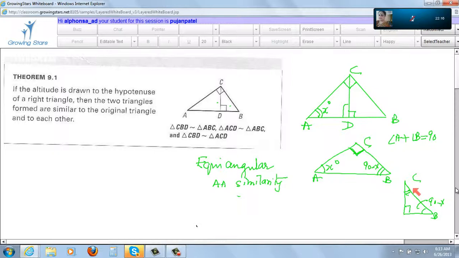Why did I say this is 45? We don't have this as 45. We have this as 90 minus x. Again, the sum of these two should be 90, isn't it? So if one is 90 minus x, the other should be x. So here this is x. And then let's take the third triangle there.